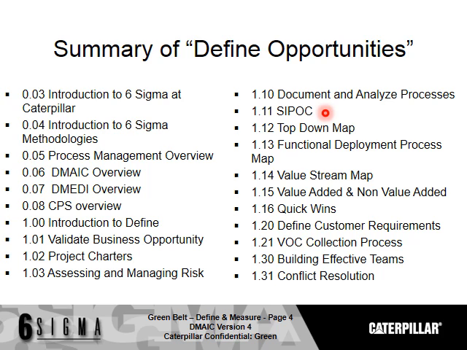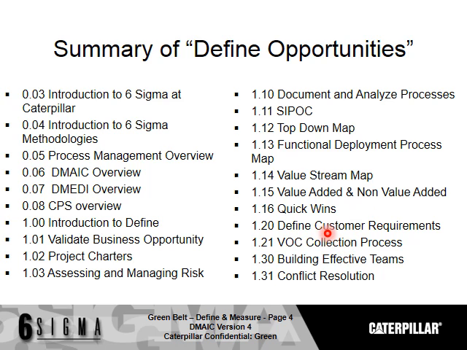SIPOC, top-down, functional deployment, value stream map, all these are types of process documentation, and using these process flow diagrams, we can find the value added and non-value added, quick wins.